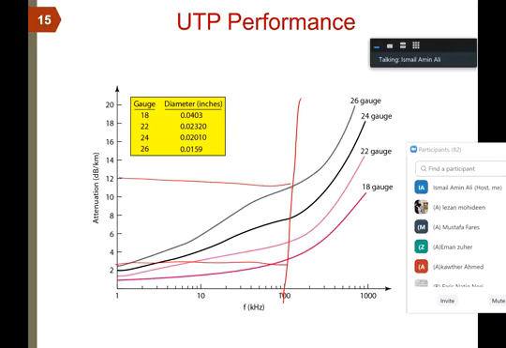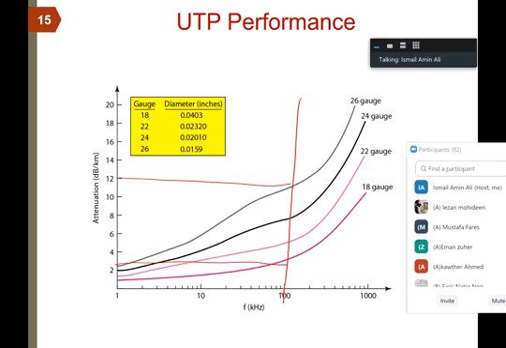So if you want to go to, say, 10 kilometers, the attenuation would be very high, and the signal will not go to the other side because it will be totally diminished. So how do we increase the signal strength? Of course, we need repeaters.